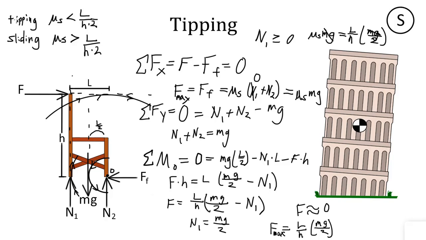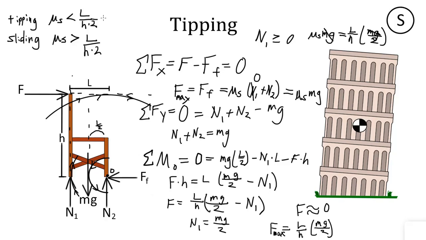And so in the end, you get these two scenarios. So basically, if you have f pushing it and mu s is less than L over h times 2, then it's going to tip and it's going to move forward like this, you know? Basically follow somewhat this path right here. But if mu s is greater than L over h times 2, then it's just going to be translating in this direction, you know?